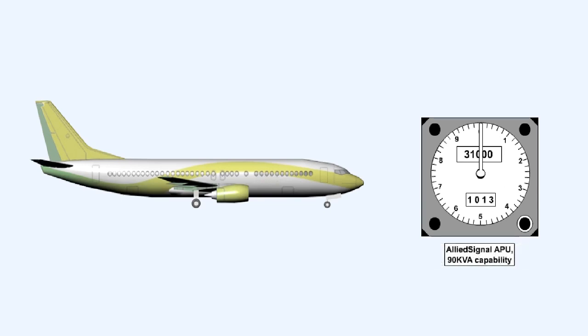If the aircraft descends to 31,000 feet, that same auxiliary power unit can deliver 90 kVA. Other 737 aircraft may have Garrett or Sunstrand auxiliary power units fitted. These units have a maximum recommended start altitude of 25,000 feet and are only rated at 55 kVA.